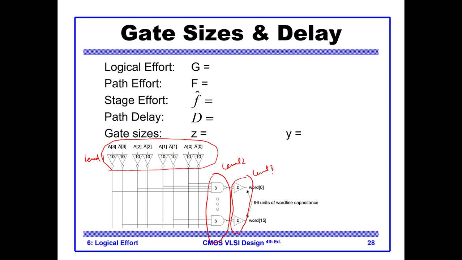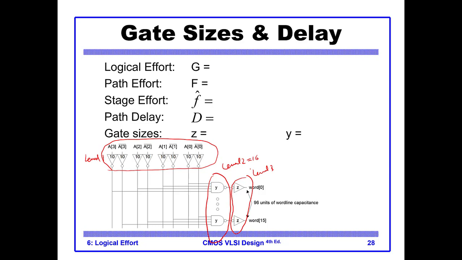Now if you look at the inputs, how many NAND gates are there in level 2? The answer is 16. Each of these 16 is driven by both inverted and non-inverted inputs.